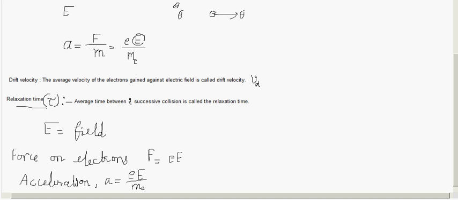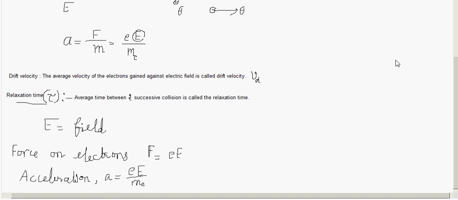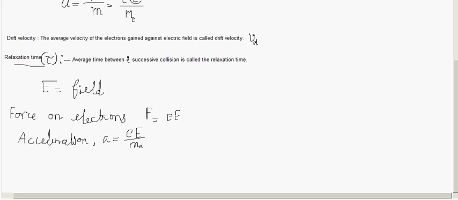So the drift velocity v_d, we know velocity is a into tau.